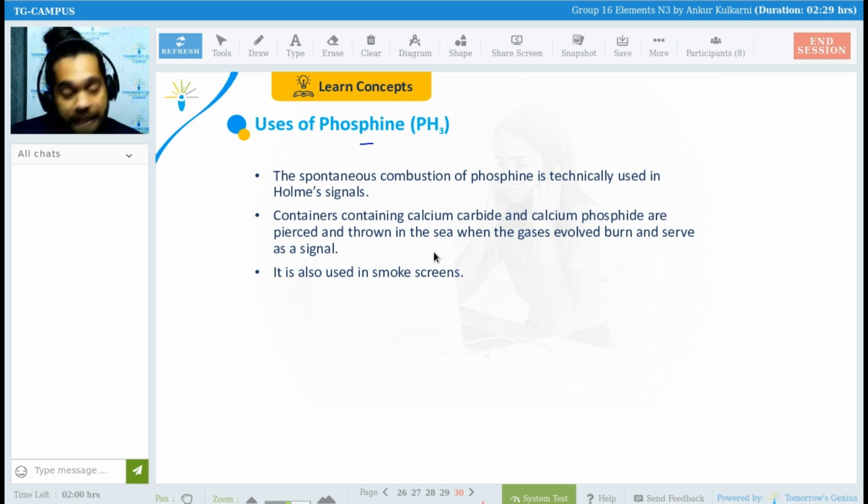Uses. Now, as we have seen, phosphine. How many of you have seen Titanic? Anyone? Come on, raise your hand. Only two have seen Titanic. Sasidharan, you have not seen Titanic?